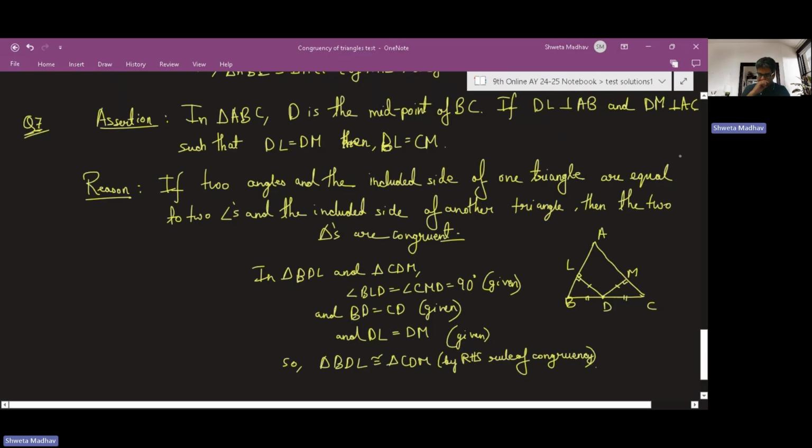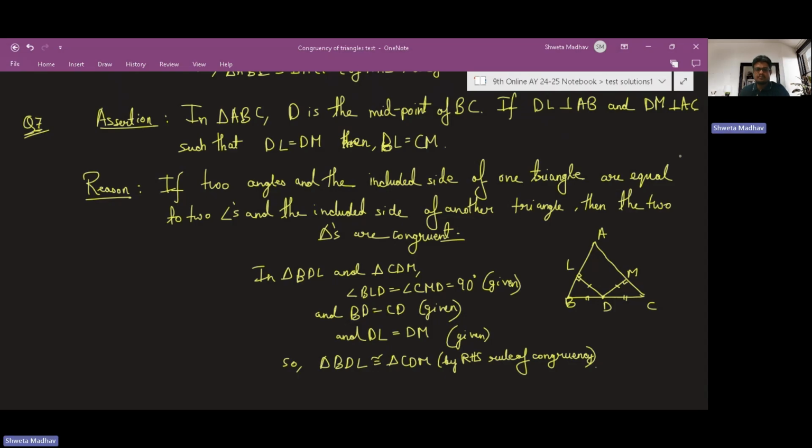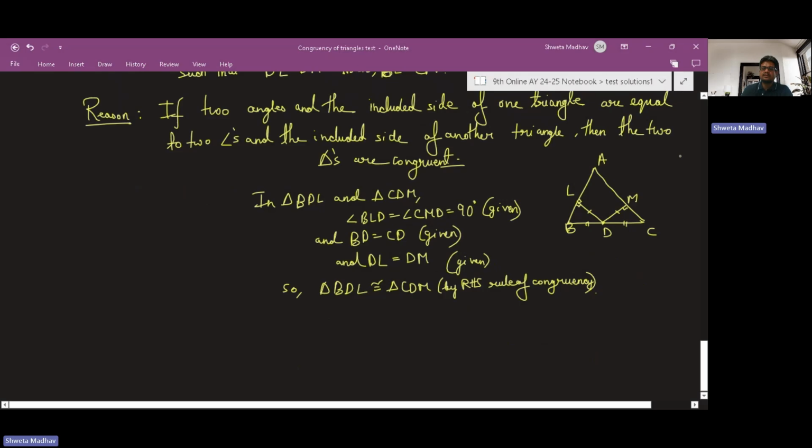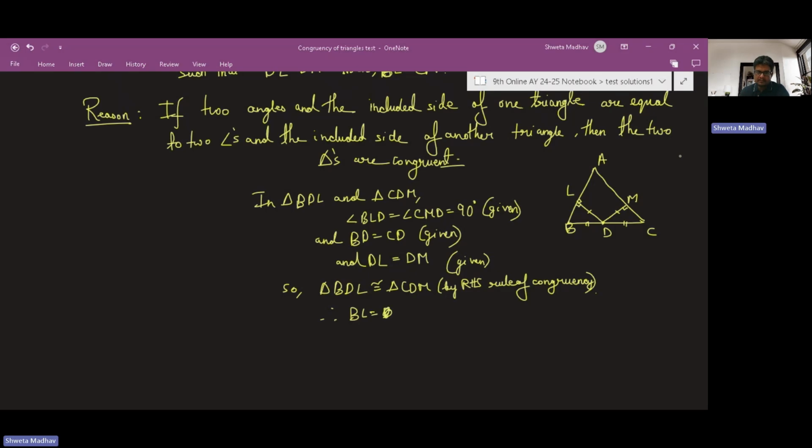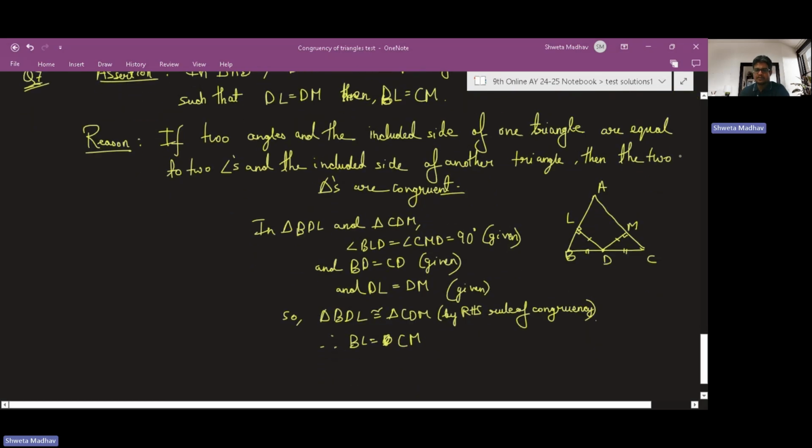So hence I can say that BL is equal to CM by CPCT. So hence the assertion is true.